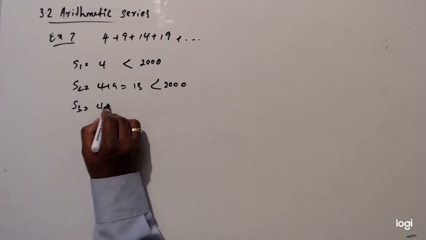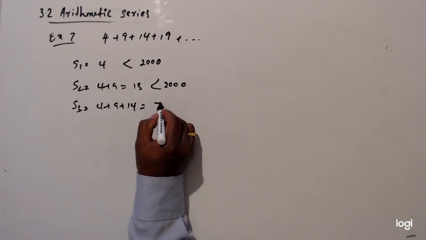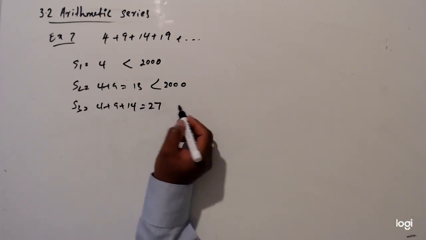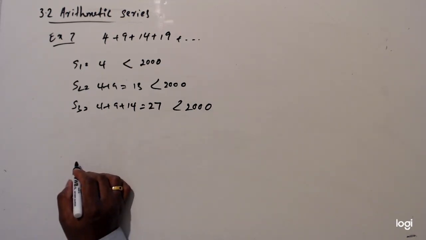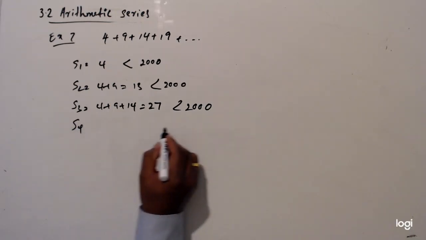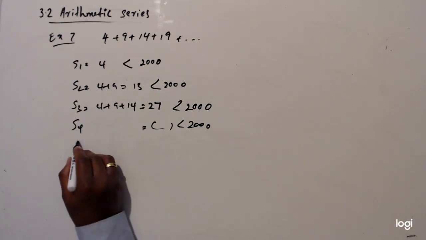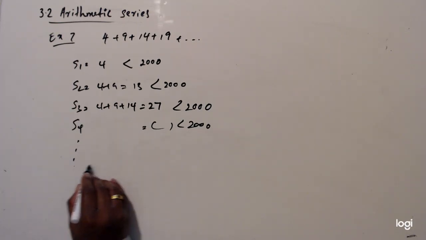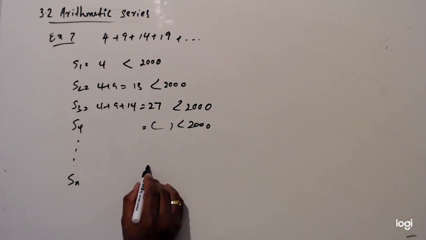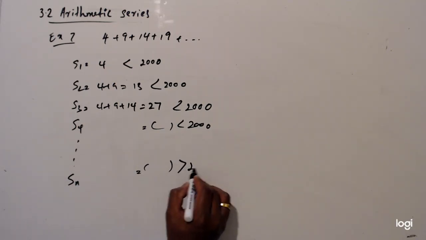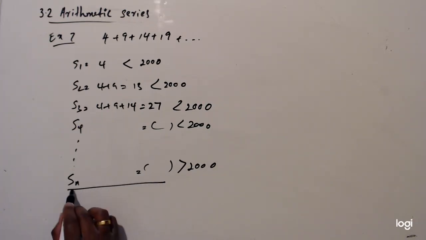S3, that is 4 plus 9 plus 14, so basically 27, less than 2000. Likewise S4 is also some figure less than 2000. After some time, let's say after Sn, this figure is going to be greater than 2000. So we need to find this n now.